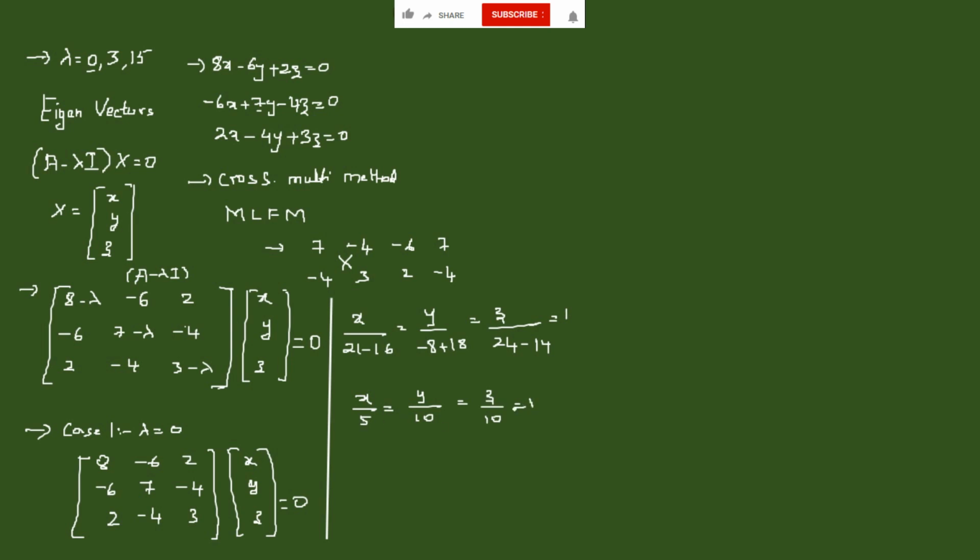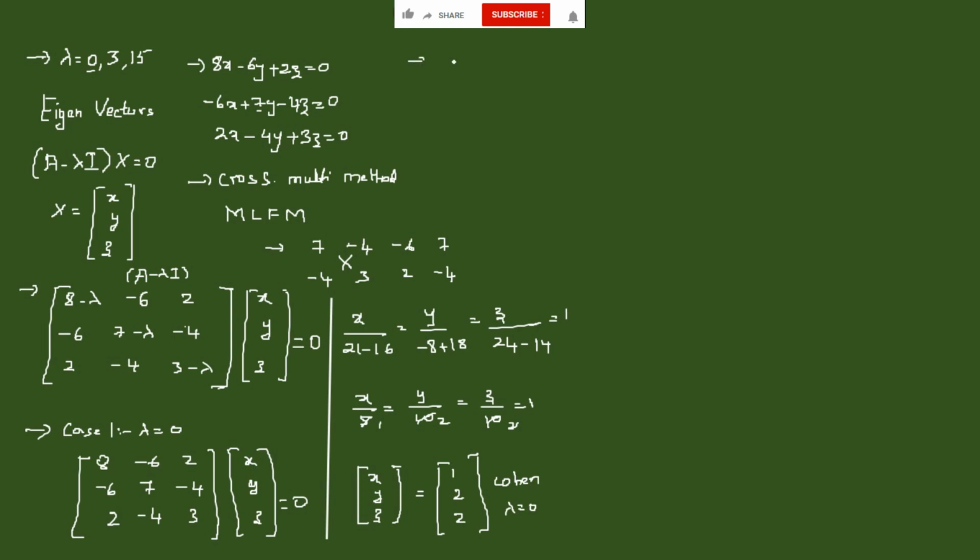So we can substitute these values: 1, it goes by 2, it goes by 2. So we got the eigenvectors x, y and z as 1, 2 and 2. These are the values when lambda is equal to 0.